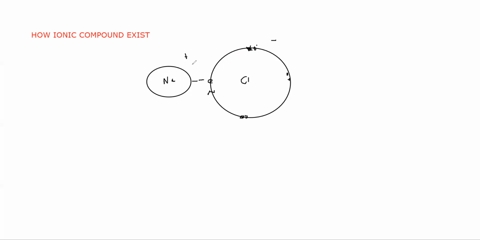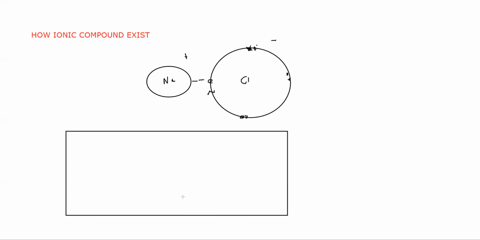But an ionic compound does not exist as one sodium ion and one chloride ion. There are millions of sodium ions and millions of chloride ions held together by a strong force in a regular structure, which we call a lattice. So you will have many sodium and chloride ions together.